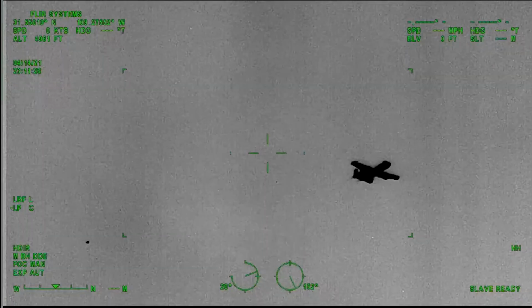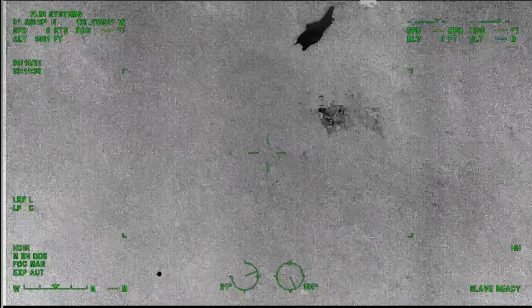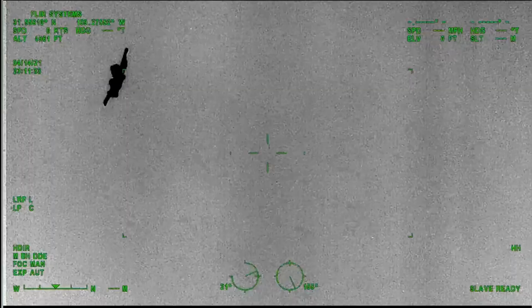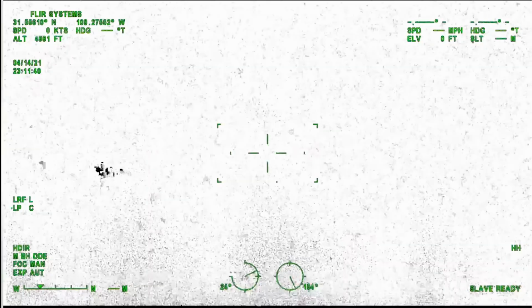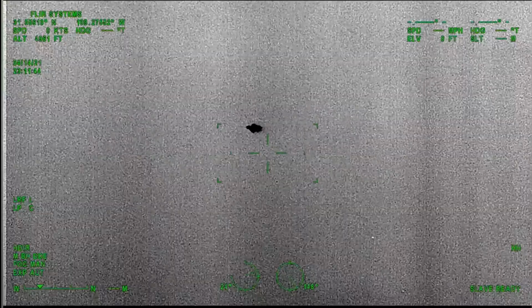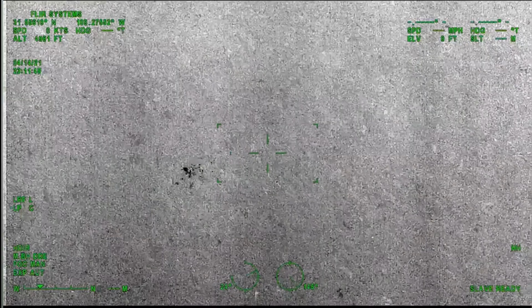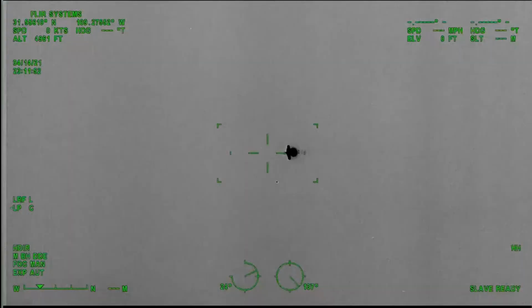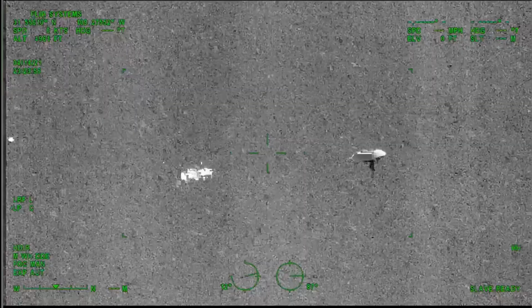Sorry about the quality, folks. This is what I got. When it changes to white, that's when it becomes white hot.